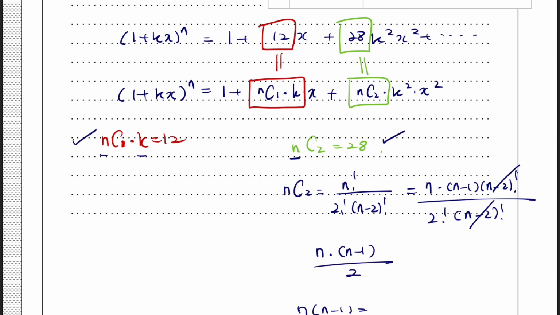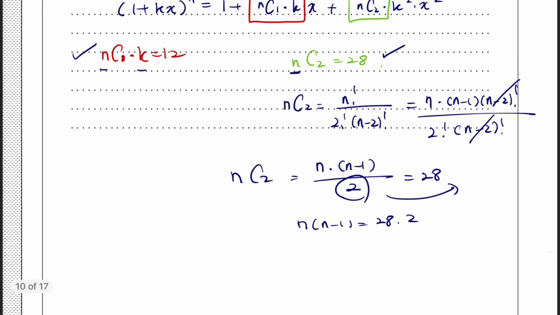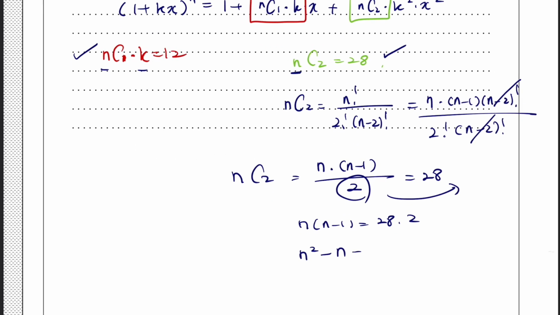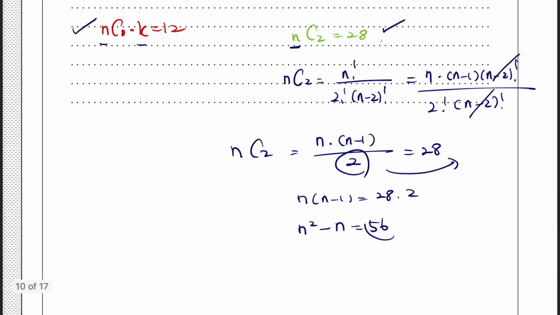And this equals nC2, which means it also equals 28. Then we can expand this further as 28 times 2, so we move the 2 to the other side, and this gives us n squared minus n equals 56. Then moving the 56 to the other side gives us a quadratic equation.